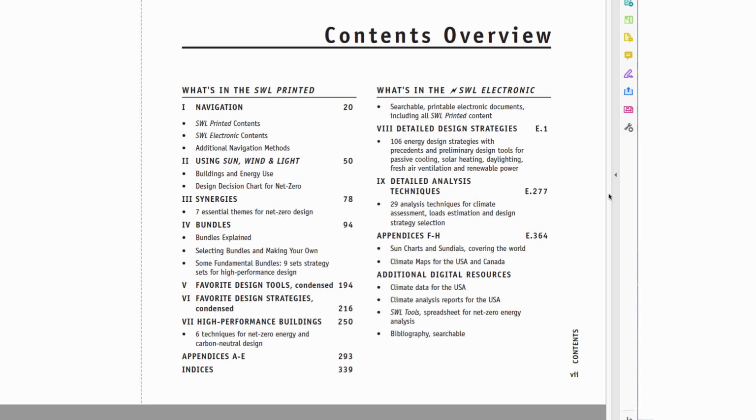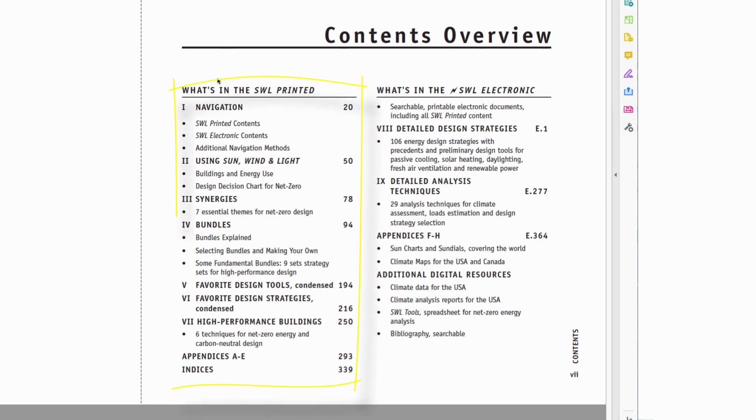One is called Vital Source, and the other is called Red Shelf. And they both allow you to see the content of both of these volumes in an electronic on-screen version. Some people like one, some people like the other.